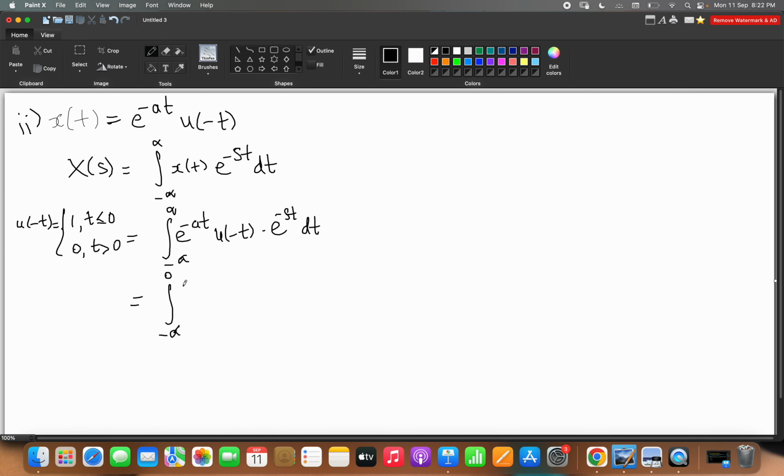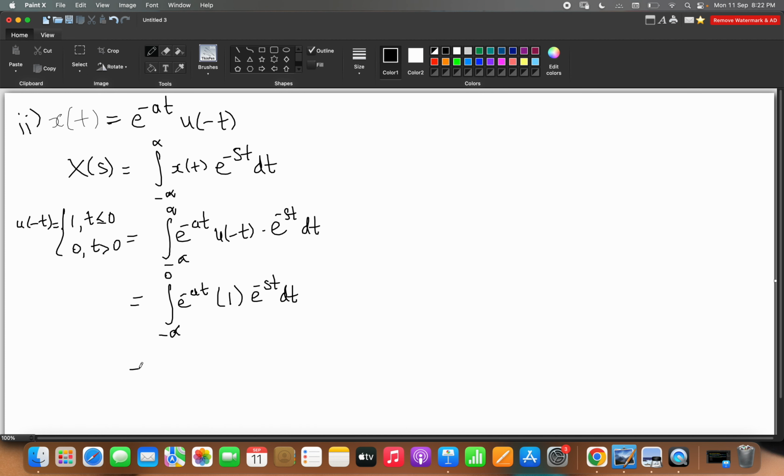Okay, why? Because the value of u of minus t equal to 0 when t is greater than 0. So we are not bothering about the range 0 to infinity. We are only considering the range minus infinity to 0. So in this range, e power minus at and the value of u of minus t can be considered as 1, and we are having e power minus st dt.